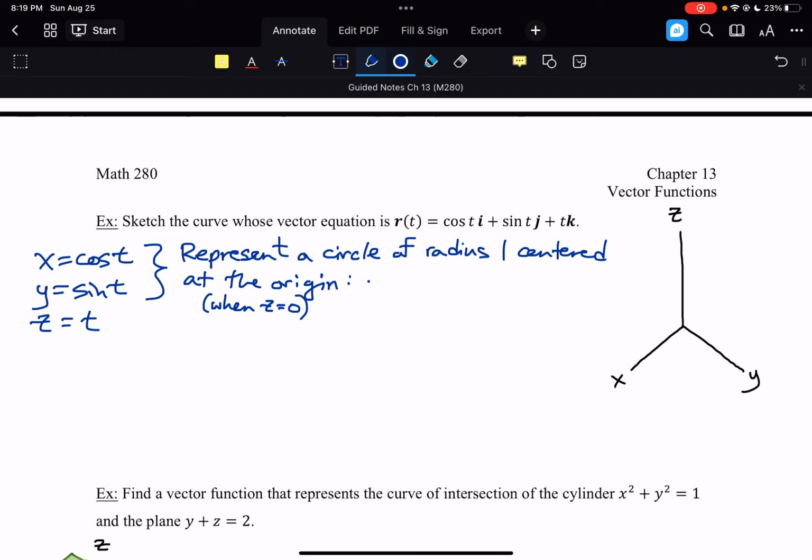But if we take this and we go x squared plus y squared, that's going to give us cosine squared t plus sine squared t. And sine squared plus cosine squared is 1. So we end up getting the equation x squared plus y squared equals 1, which again is the equation of the unit circle.